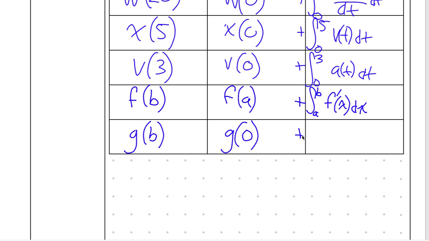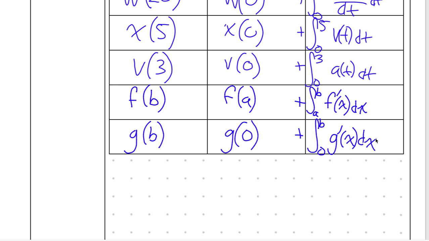Using prime notation again. Integral of what? Integral of 0 to b. Of? There it is, g prime of x dx. And you could say x, it could be t, it could be whatever you want. I'll do x again, g prime of x dx.